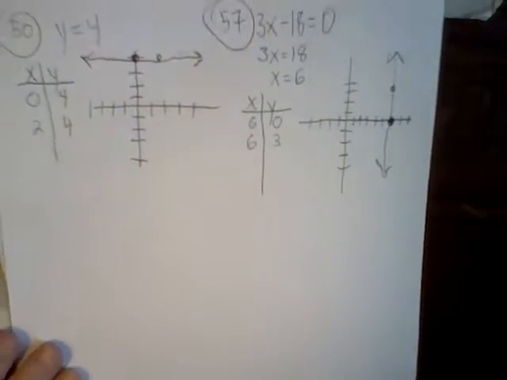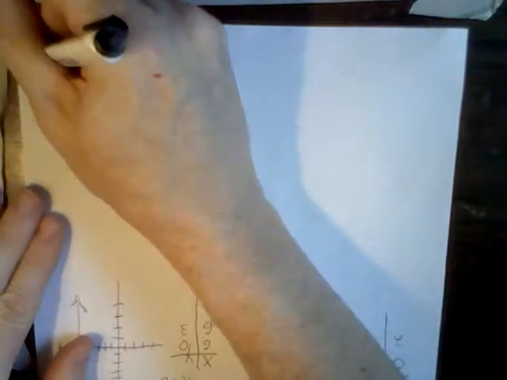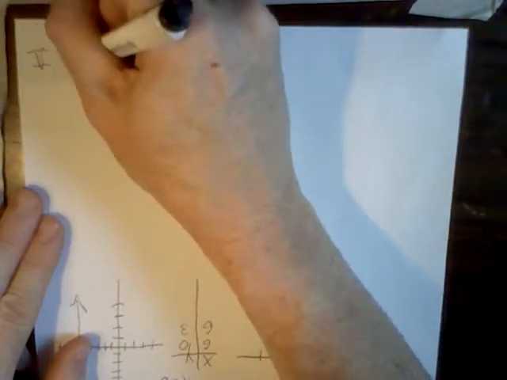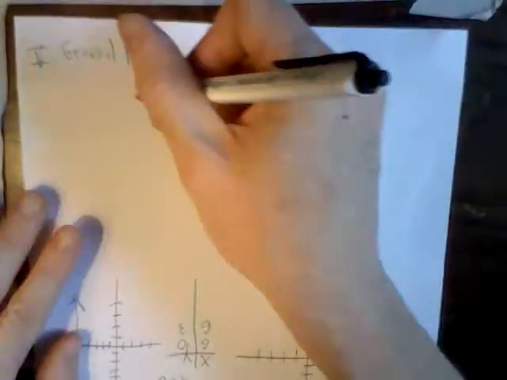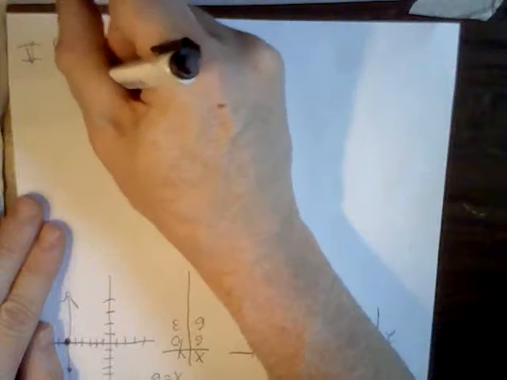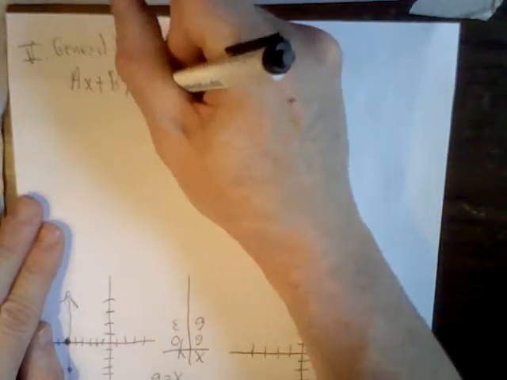Okay, the last form we deal with then is the general form of the equation of a line. So, section 5 in my notes, general form. It'll look like this: ax plus by plus c equals 0.